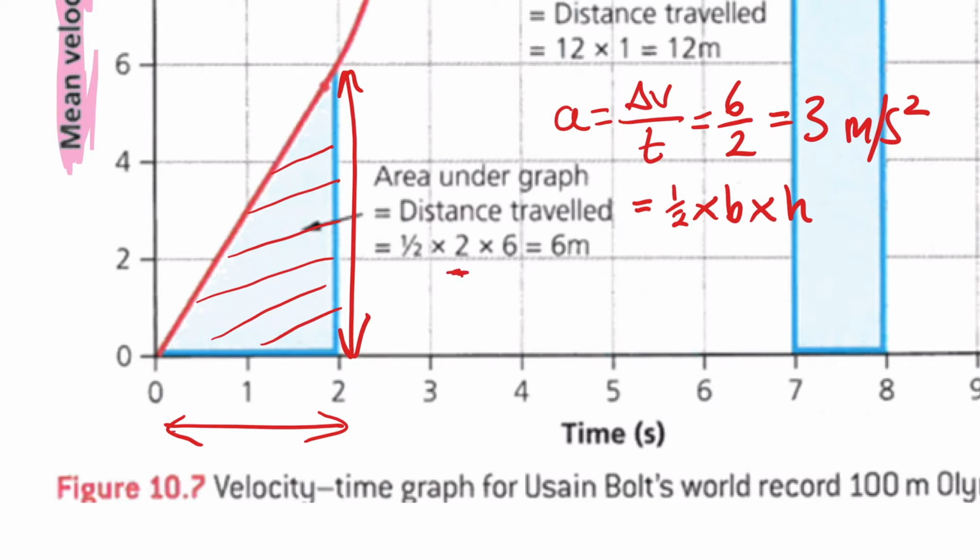Okay, that's shown and highlighted. That's shown there on the graph, the base of the triangle, times the height of the triangle. Here's the height of the triangle, that's 6. So we've got half base times height. Half times 2 is 1. 1 times 6 equals 6. So the area travelled is 6 meters.